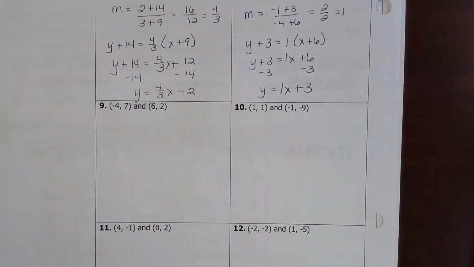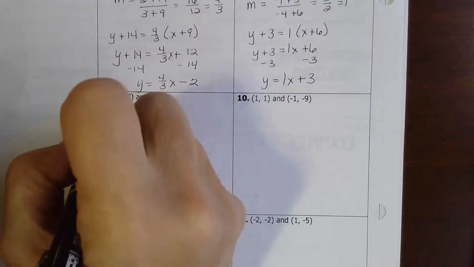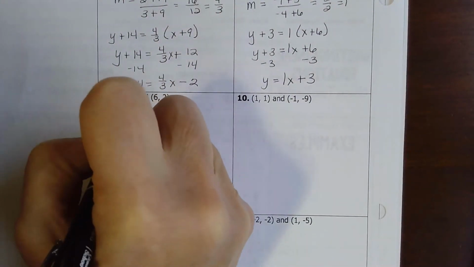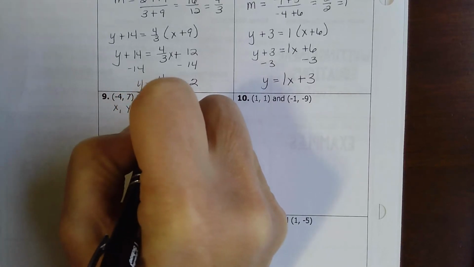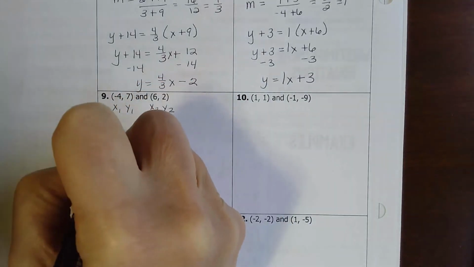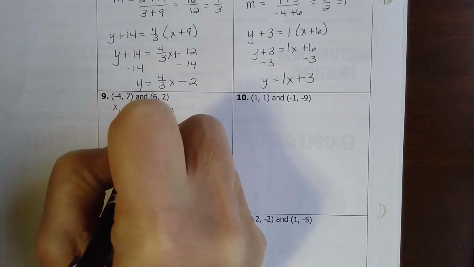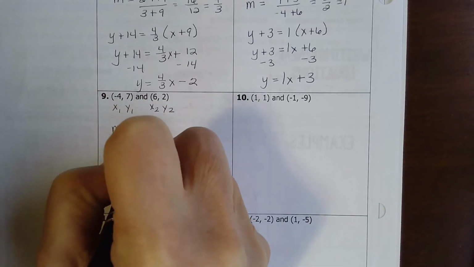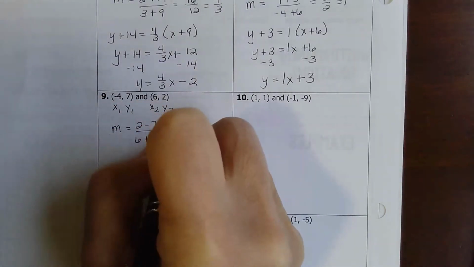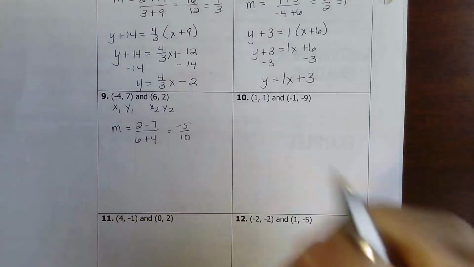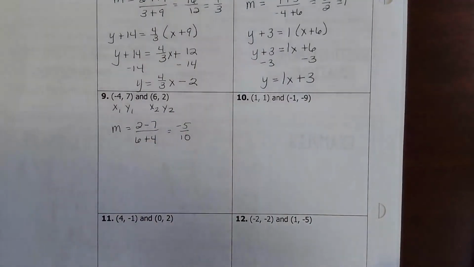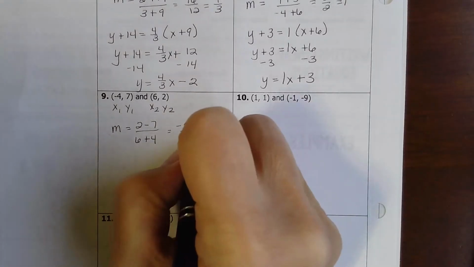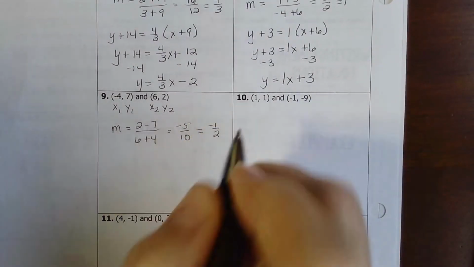All right, number 9. So we got 2 minus 7 over 6 plus 4, which equals negative 5 over 10, which reduces to negative 1/2.